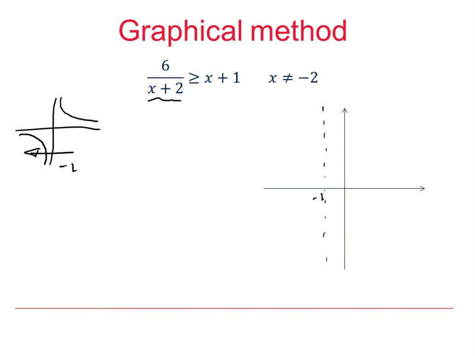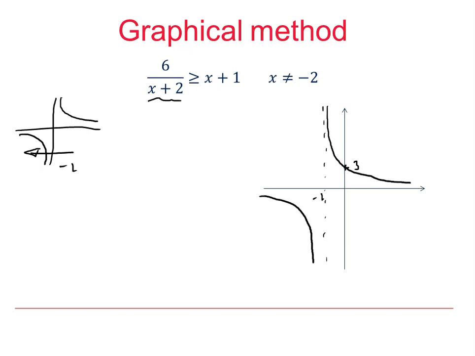To the left of x equal to -2, the graph is in the negative portion, looking like this, and to the right it's in the positive y values, and we can look at where it crosses the y-axis. In fact, it will cross at a value of 3, that's 6 divided by 2 when x is equal to 0. Although for the solution that we're looking at, that's not really that important. So there's a quick sketch of the reciprocal graph.